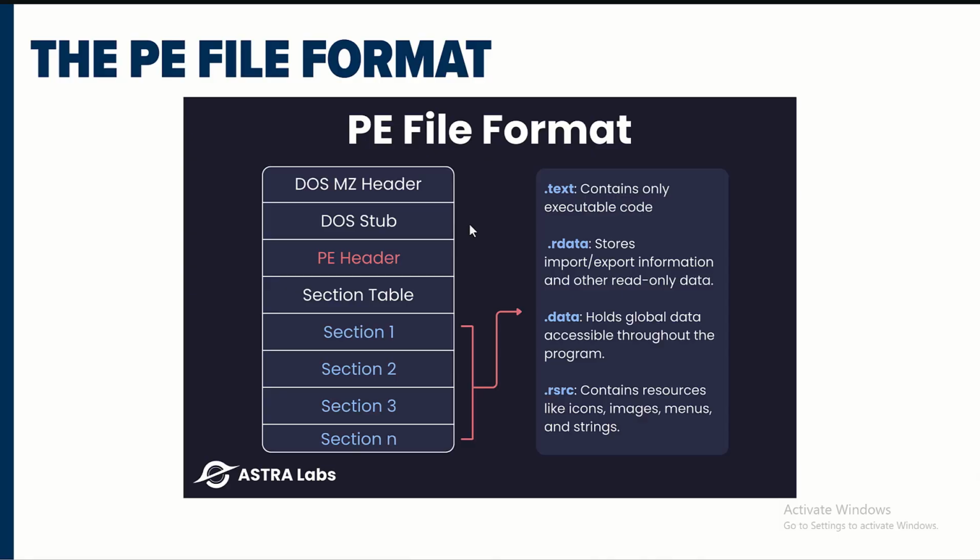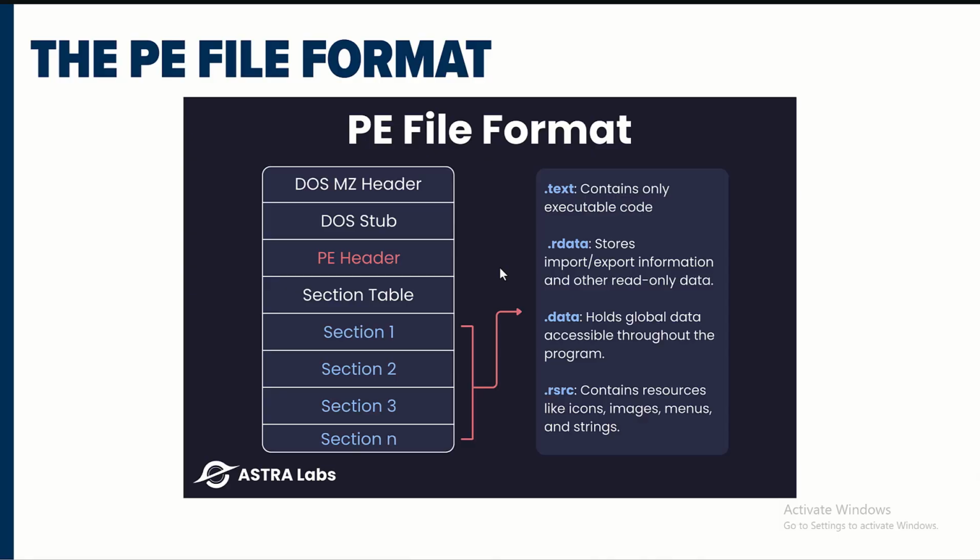Especially the DLL. And the .data is the whole global data accessible throughout the program. The .data contains variables, functionality, and classes that will be accessible, in simple terms, during runtime. And the .rsrc, or resource section, contains the resources.